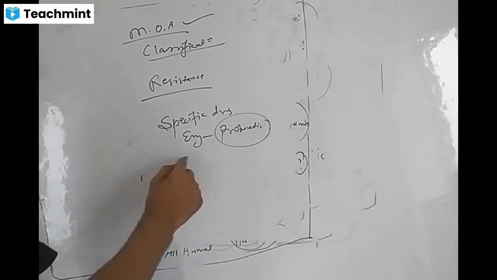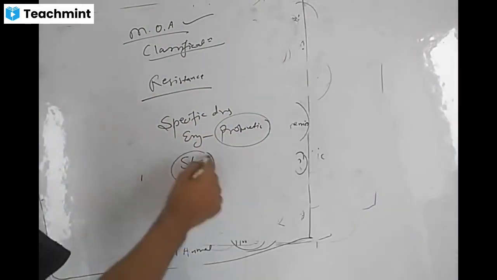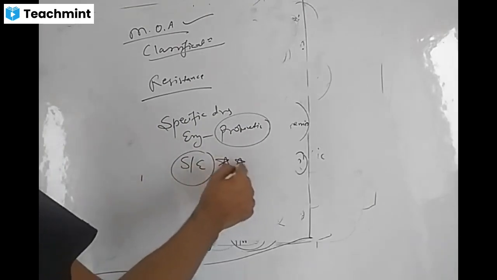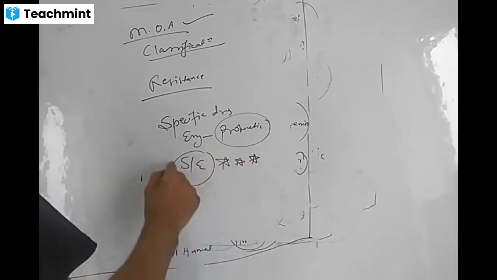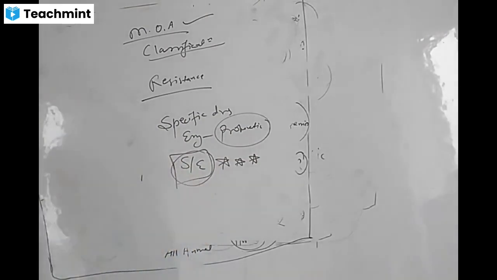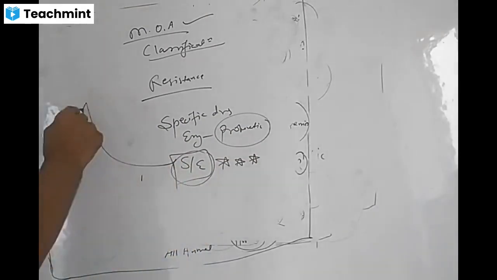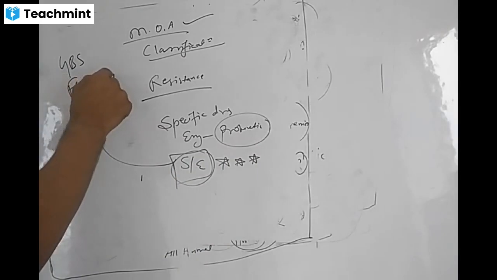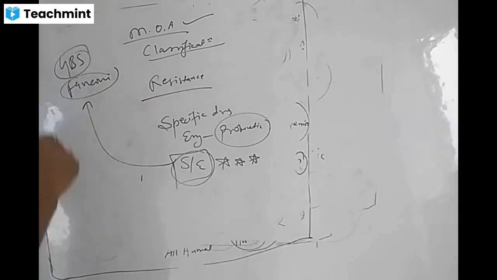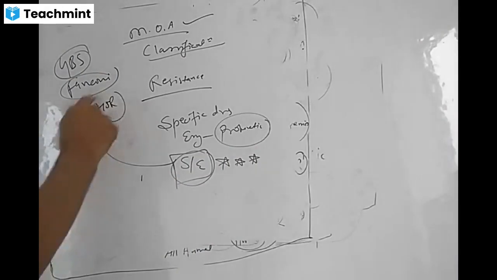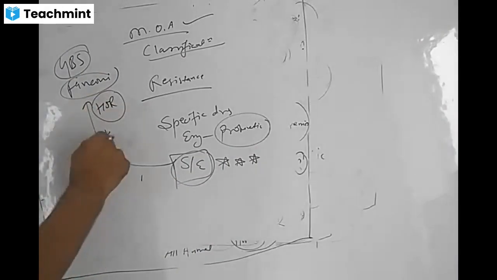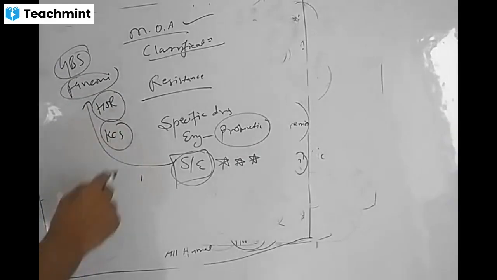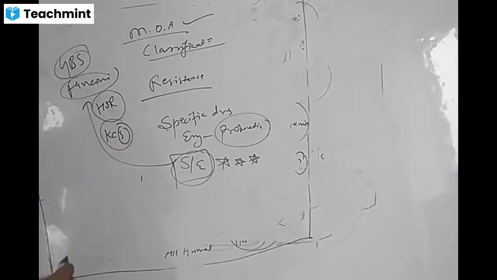Then their side effects. This is the more important part, because there are many MCQs like gray baby syndrome, Fanconi syndrome with tetracycline. Then hypersensitivity reactions with penicillins. KCS, dry eye, with sulfonamide, S for S.